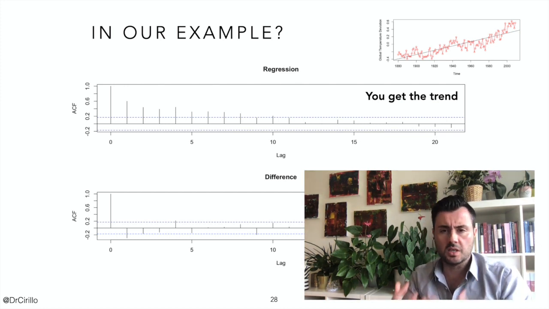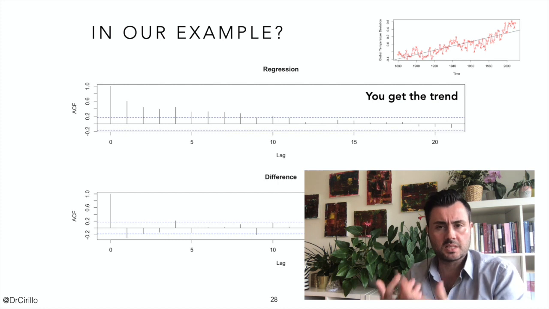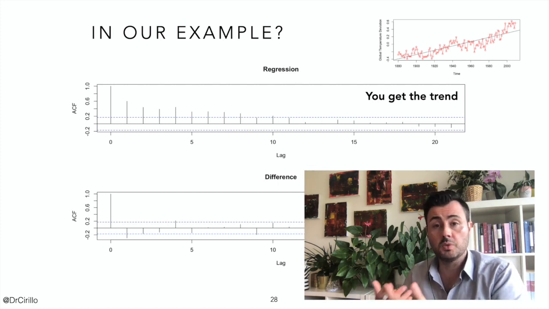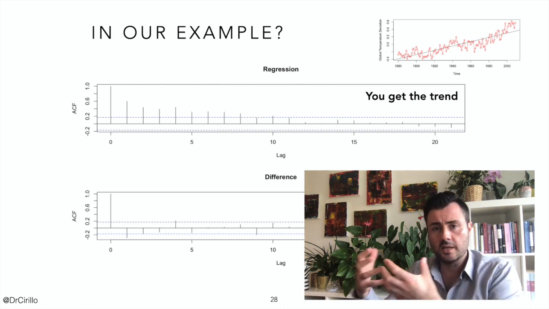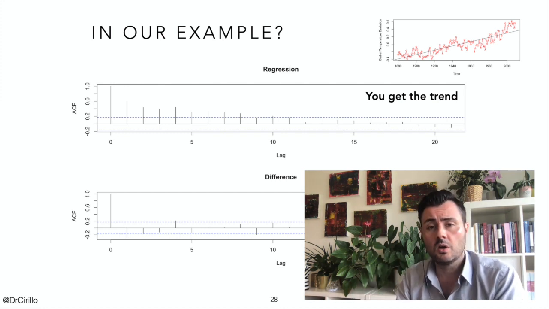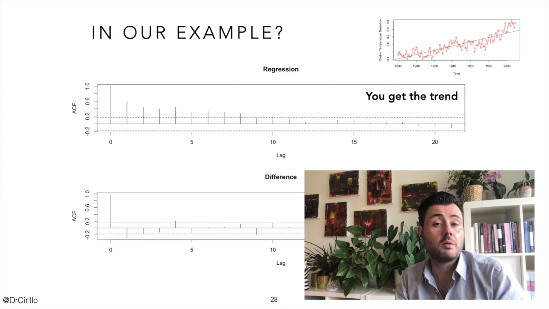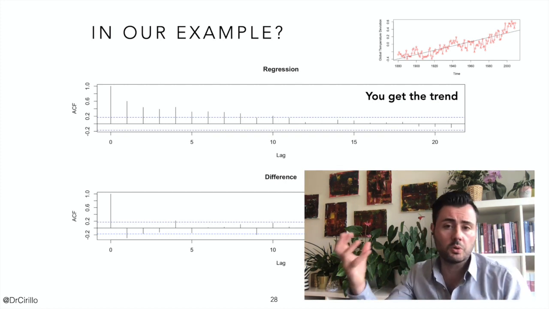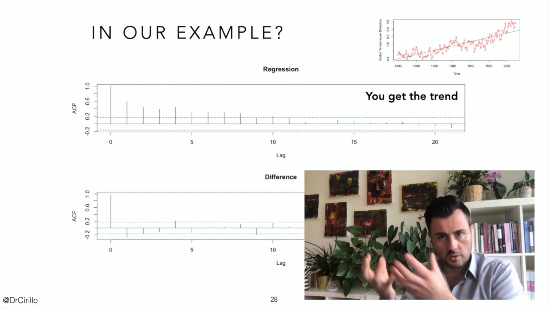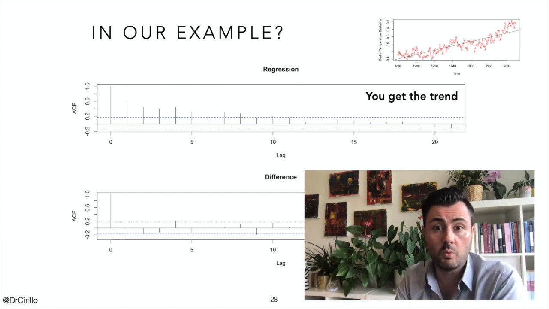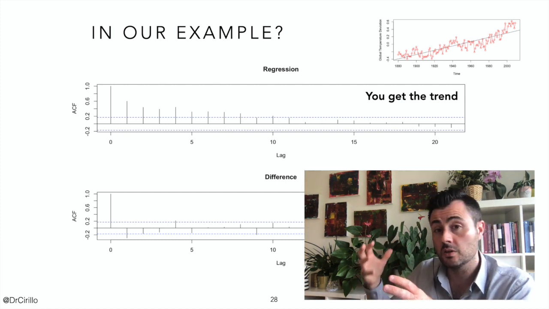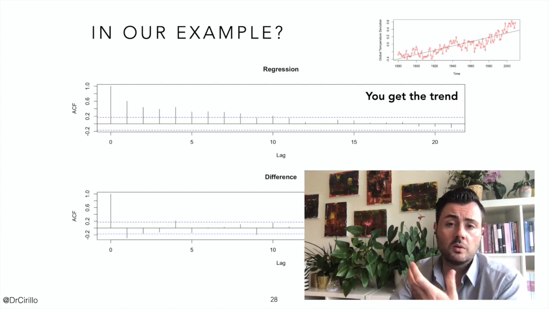So there is still quite some substantial time dependence in the data that still needs to be removed if we want to understand what is the real structure of this time series. Remember that at the end of the day, we want to be able to remove all the structure until we reach a white noise. So here for sure we are not dealing with a white noise. There is some time dependence that we still need to model. Now, what's the problem here?